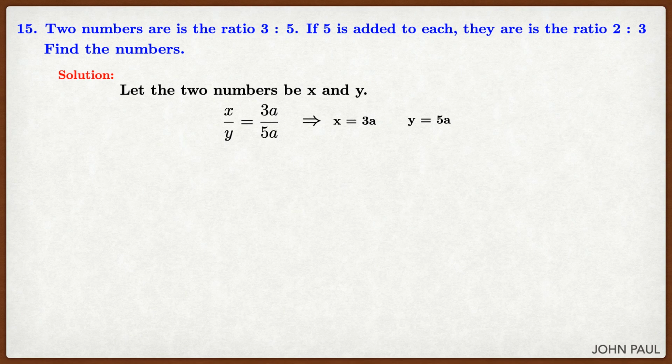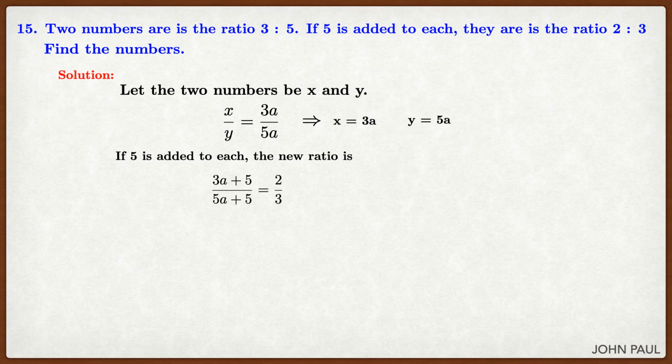In the question, it is given that 5 is added to each term. Therefore, if 5 is added to each, then the new ratio is 3a plus 5 divided by 5a plus 5 equal to 2 by 3. It is given in the question. If you add 5, the ratio is 2 by 3.